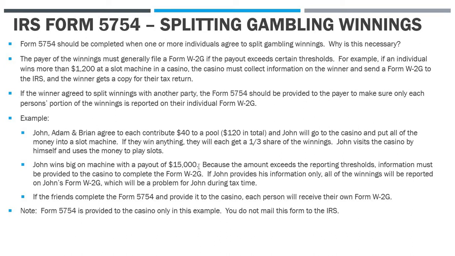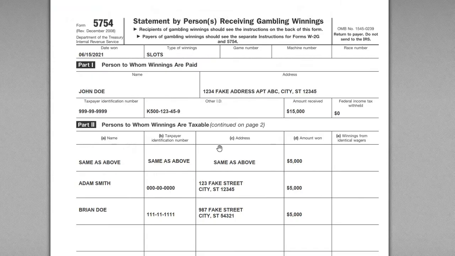He's only getting to keep $5,000, right? Because he's going to split the rest with Adam and Brian. So what they do is at the casino, they complete the 5754. Each person provides their information, and so the casino now is going to issue W-2Gs to each person for whatever their allocable share is. So let's look at the example here and see how this works.